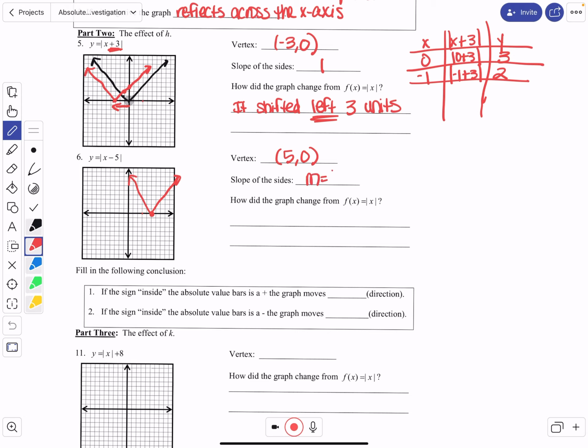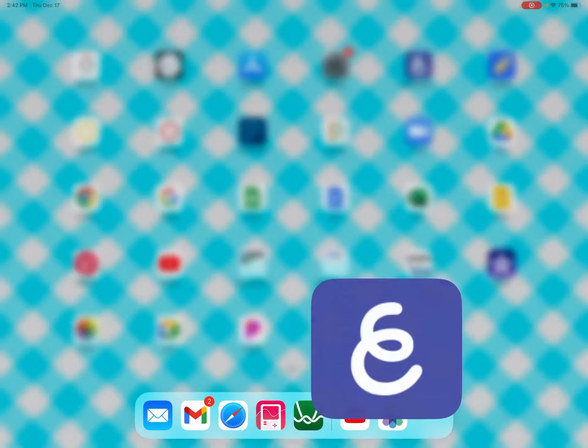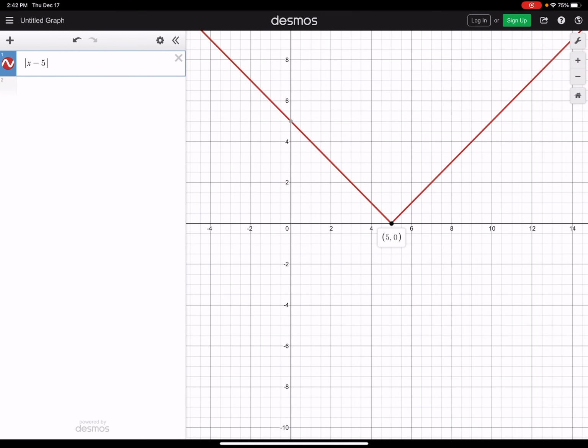My slope is still 1, because if I go back and look here, I'm still going up 1 over 1 every time. I'm at 6, 1 right here, and then I would go up 1 over 1, up 1 over 1, so my slope is still 1.